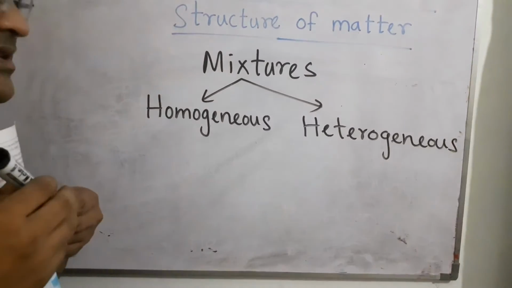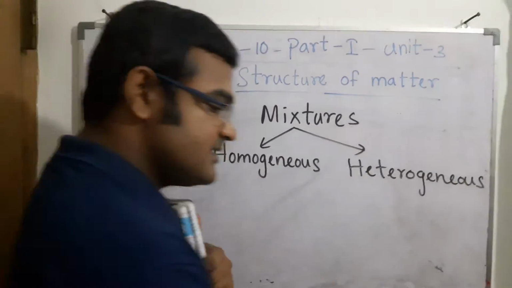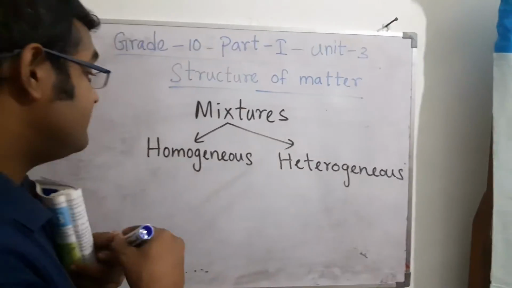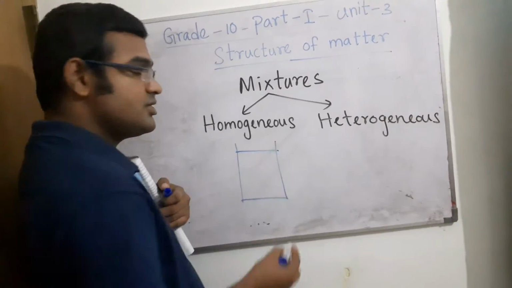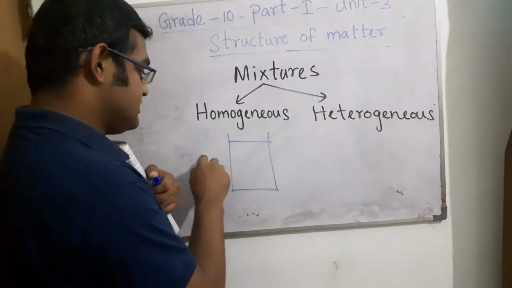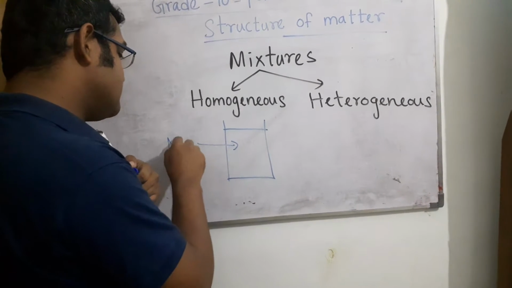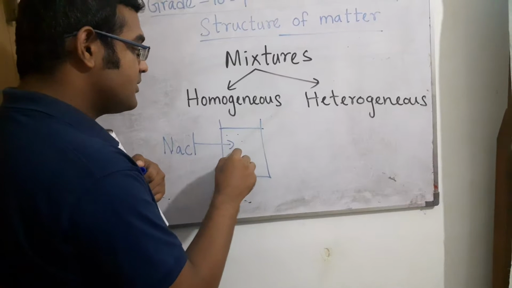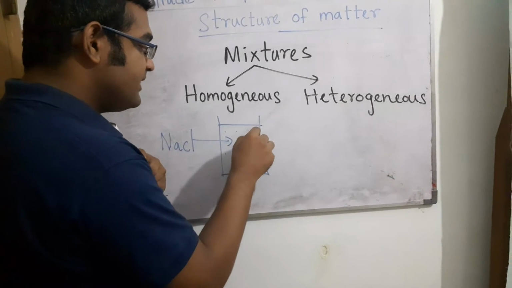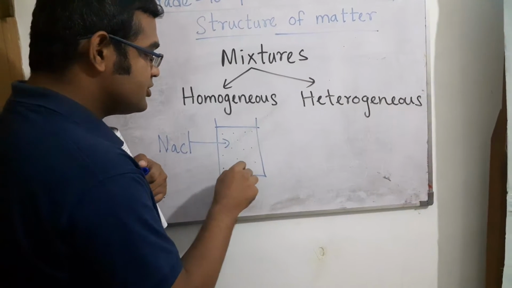If you dissolve salt or sugar in water, salt meaning sodium chloride, it's a transparent solution.